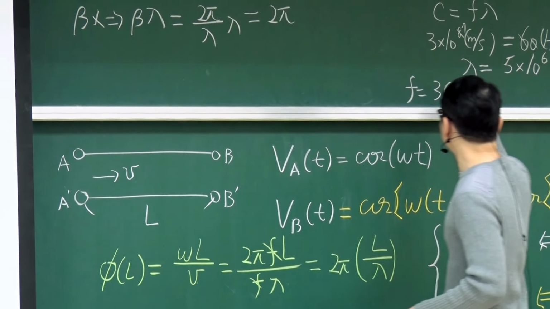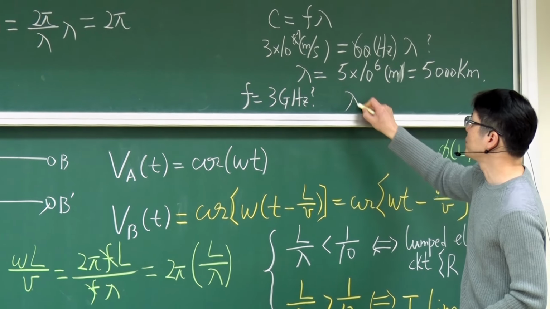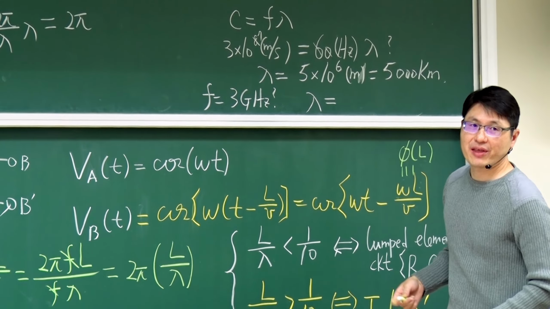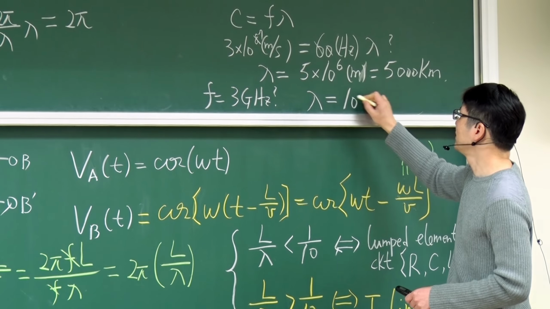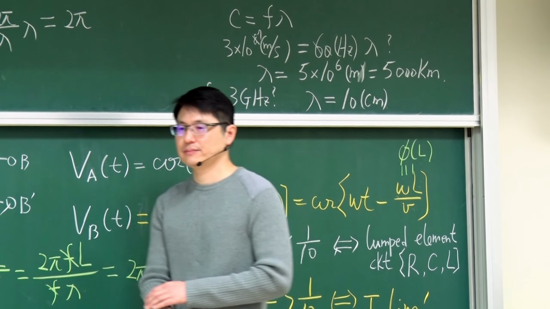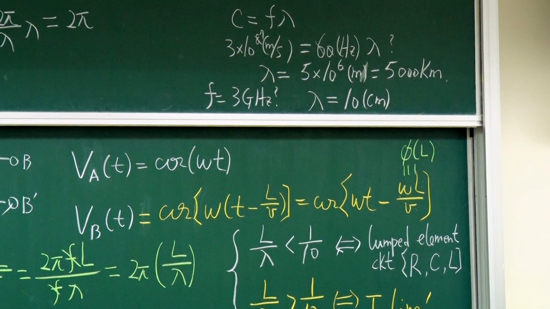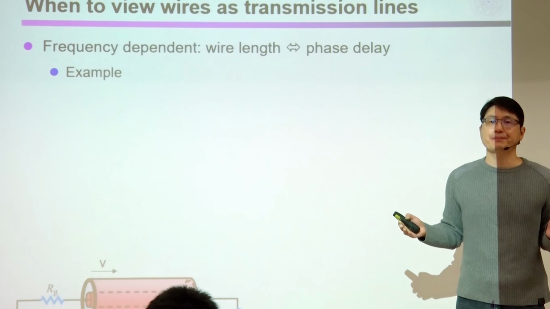If you operate at 3 gigahertz frequency, then the corresponding wavelength is probably 10 centimeters. And if on the board this length is about 60 centimeters, oh, that's very long, right?